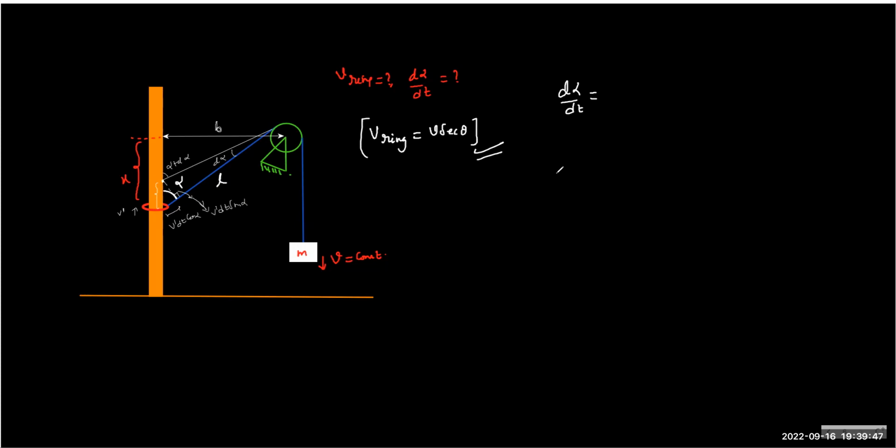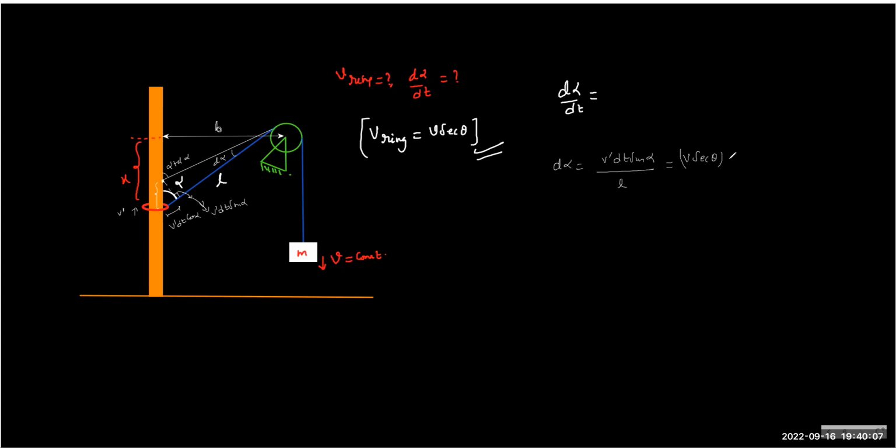Yes, sir. And therefore I can say d alpha equals the arc length, which is v dash dt sin alpha upon L, right? This is what you're saying. And the velocity of the ring we already know, no? It is v sec alpha.